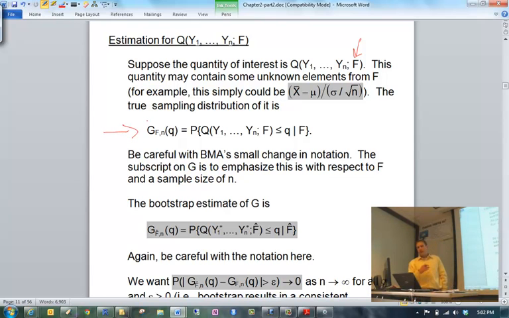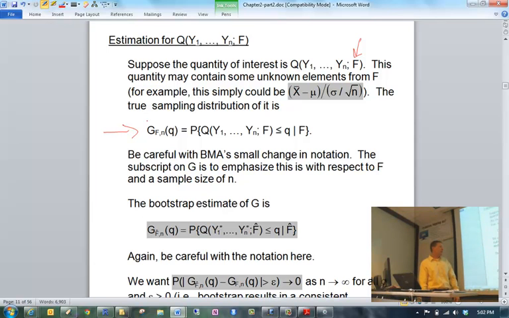This Q has a particular distribution. Let's refer to the CDF for Q as G. They want to specifically point out here that this relies on Y's having a distribution denoted by F. Here's my sample size, and I'm evaluating G at a particular point called little q.